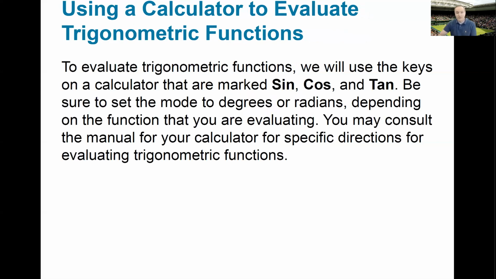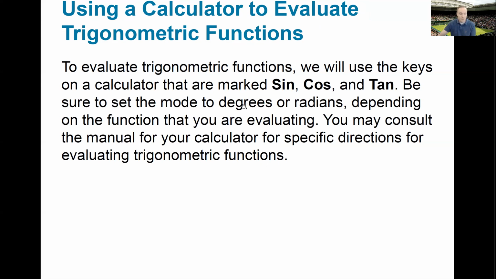To evaluate trig functions, we'll use the keys on the calculator marked sine, cosine, and tangent. Remember, it's our abbreviations, SIN, COS, and TAN. Be sure to set the mode. And now this is critical. Most often when students miss problems that are calculator oriented, it's because they're in degree mode when they're supposed to be in radian mode, or in radian mode when they're supposed to be in degree mode.